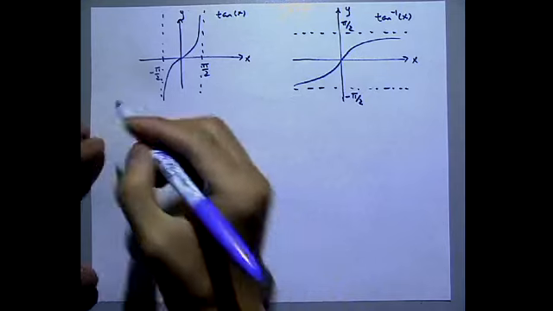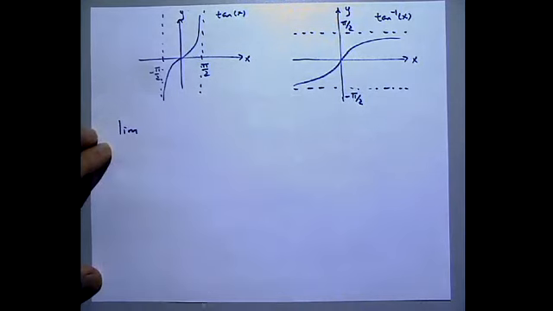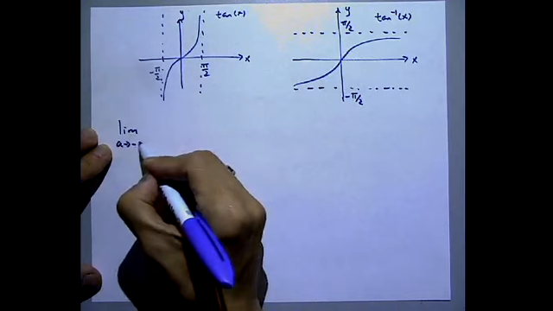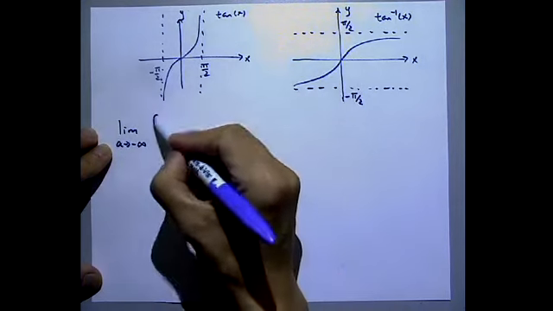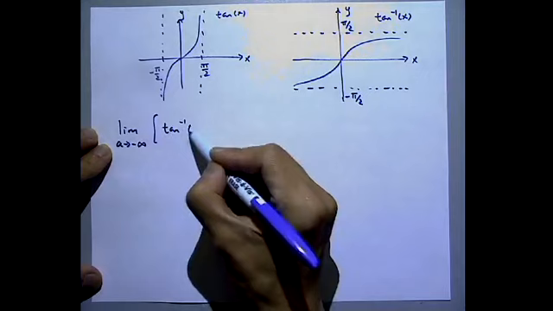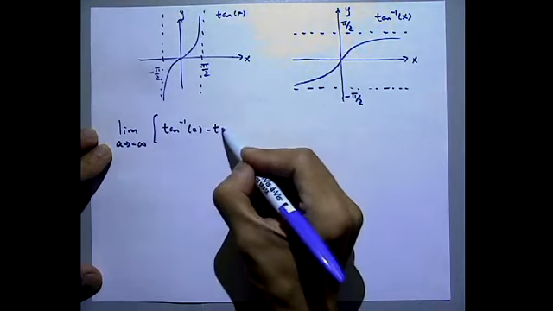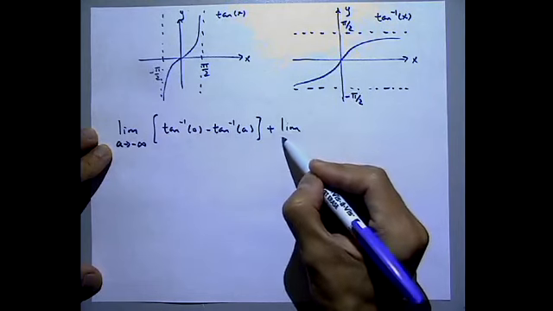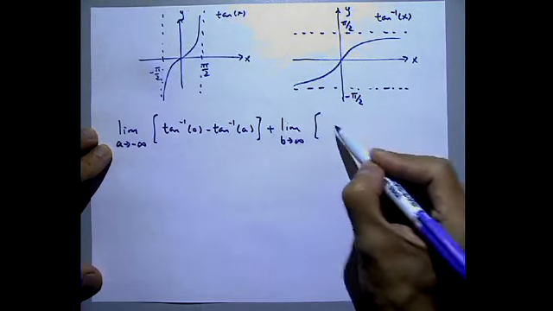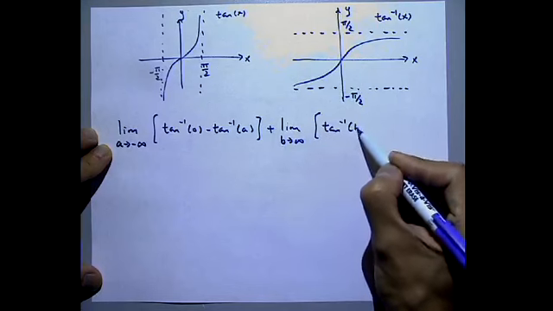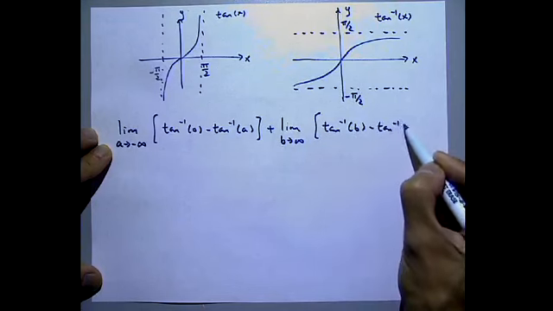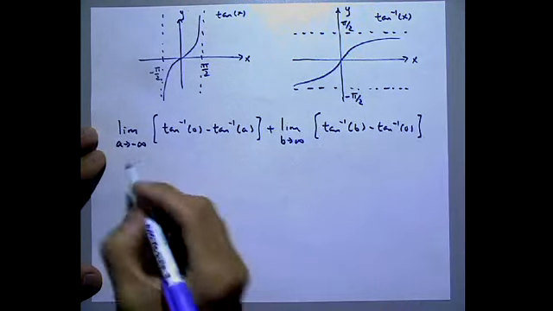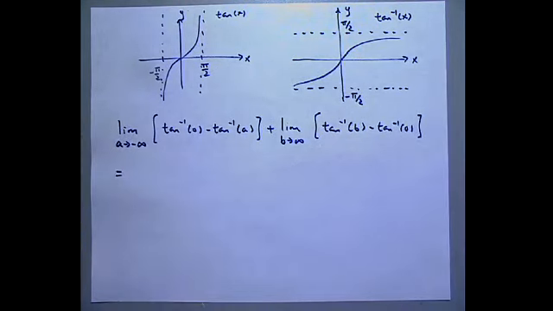Okay, then we'll pick it up with the limits. Limit a to minus infinity, inverse tangent of a, I'm just rewriting that right now. Okay, then you look at the graph we got here.